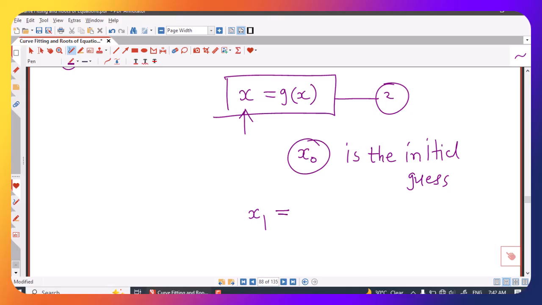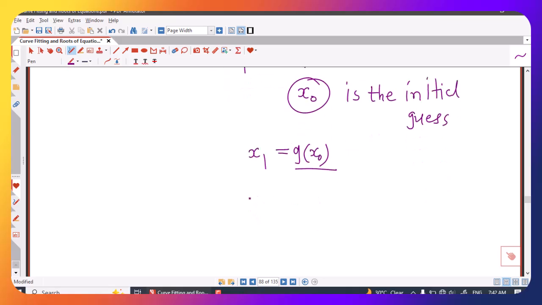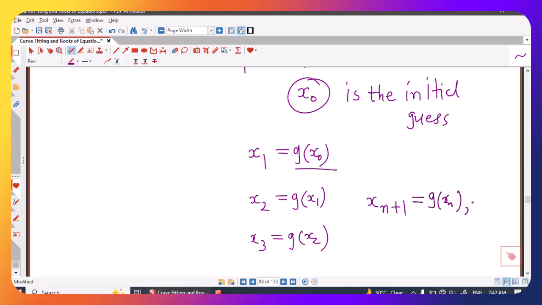We consider x1 equal to g of x0. We put x0 on the right hand side and the value of g at x0 is taken as the first approximation. Similarly, to find x2, we find the value of g at point x1. Then to find x3, the value of g at x2 is required. So in general, we get a sequence given by x n plus 1 equal to g of x n, starting with n equal to 0.